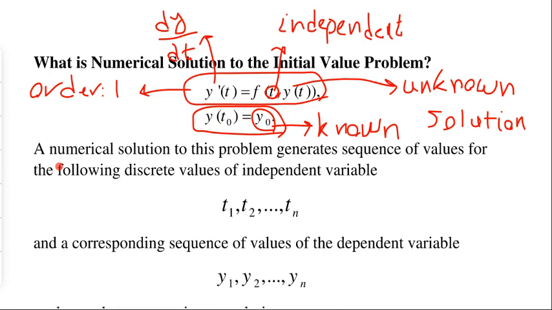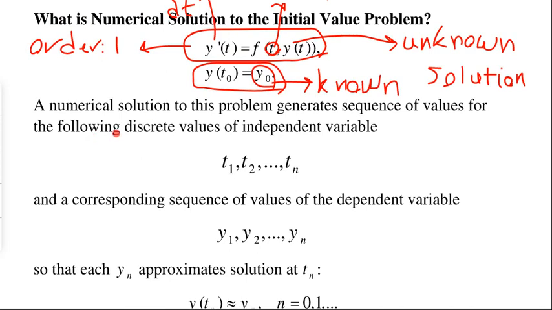A numerical solution to this problem will give us some approximation of our unknown solution y at some discrete values of the independent variable.